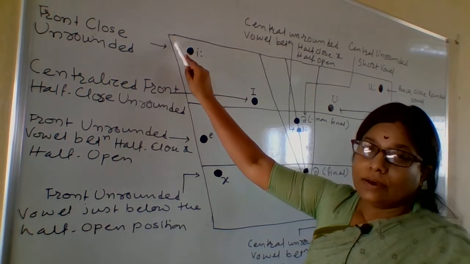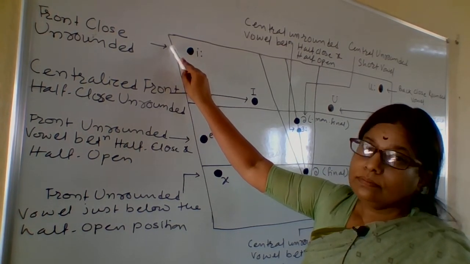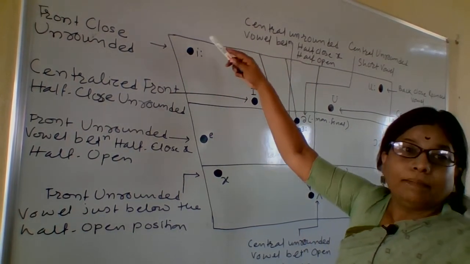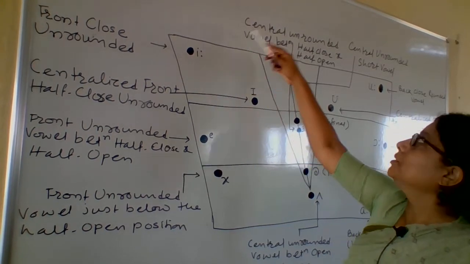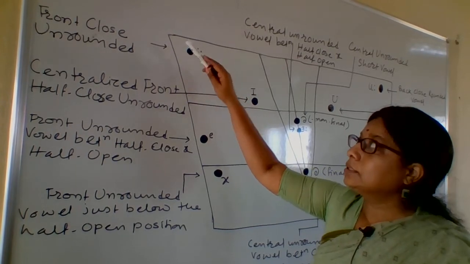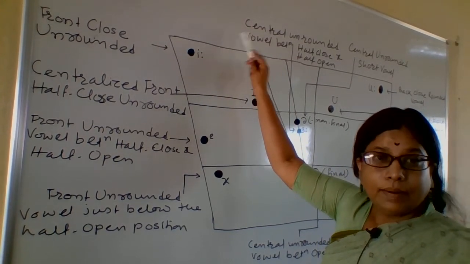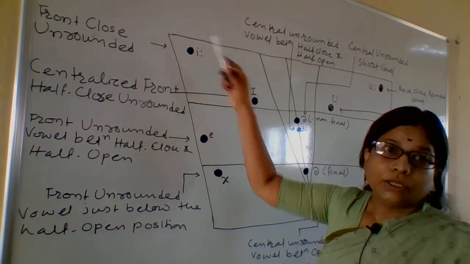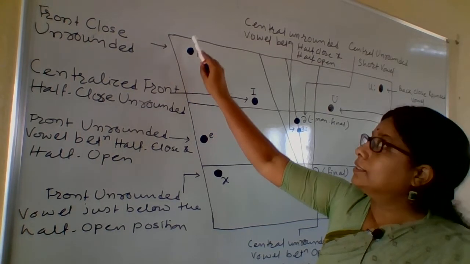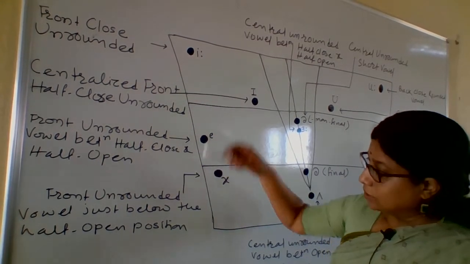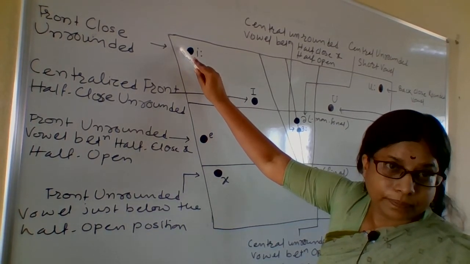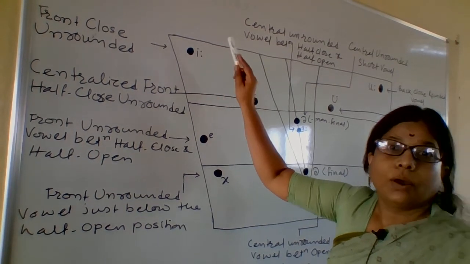And if it is raised to the highest point in the mouth cavity near the palate, here it is the hard palate, here it is the teeth ridge and the soft palate at the back, so if it is raised toward this, closer to the palate, it is known as the closed position. Now here this long e is a closed vowel. Why? Because the tongue is raised to a height to the closed position. That's why this is known as a closed vowel.